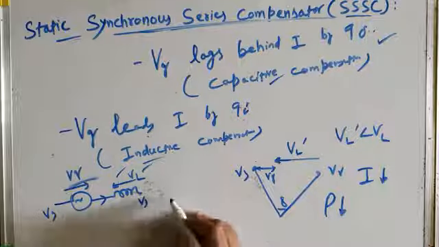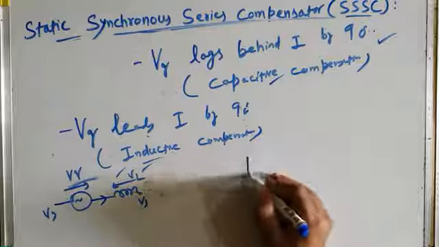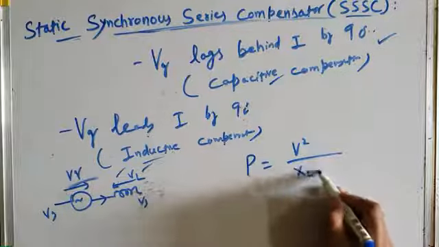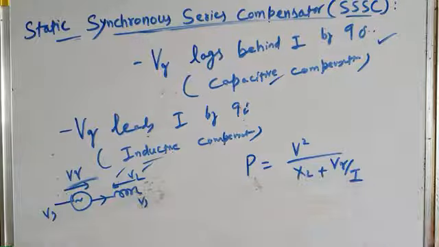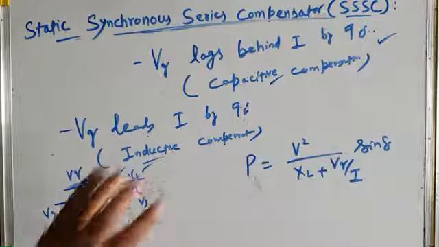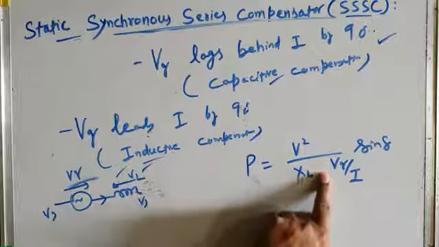In terms of reactance, we can say P is equal to V square by XL plus VQ by I sin delta. When your compensator was working in the capacitive compensation region, I had written minus here.